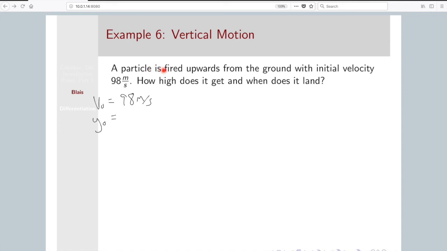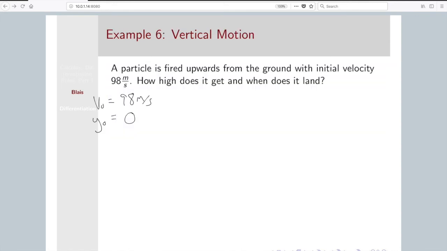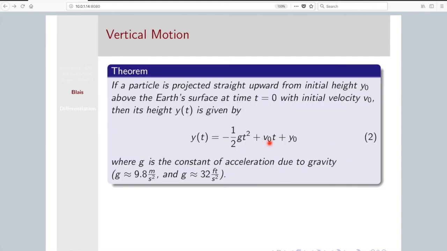Well, if we're told that it's fired upwards from the ground, it starts on the ground at 0 meters. So now we apply our formula here. So we have y of t is minus 1/2 g t squared plus v0 t plus y0.